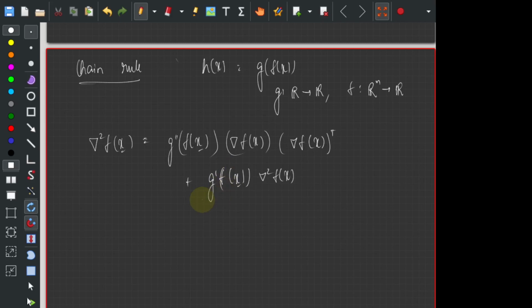If you just take n equal to 1, this gives back the standard chain rule for the second derivative that you would have seen in high school.